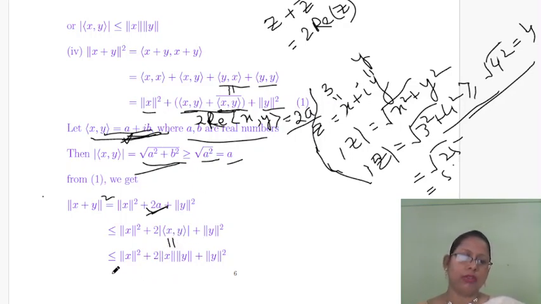So in the next step, this is less than or equal to norm of x square plus 2 norm of x norm of y plus norm of y square.